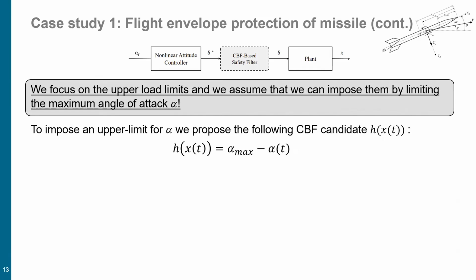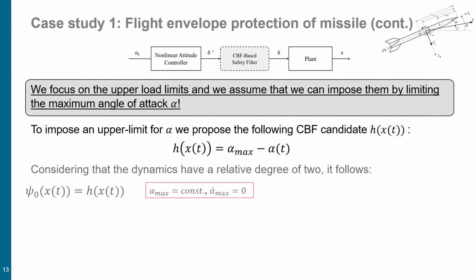And in order to construct this CBF, you look into this first constraint, and then you make the assumption that alpha max is constant or piecewise constant. And by that, the time derivative of this is 0, right?